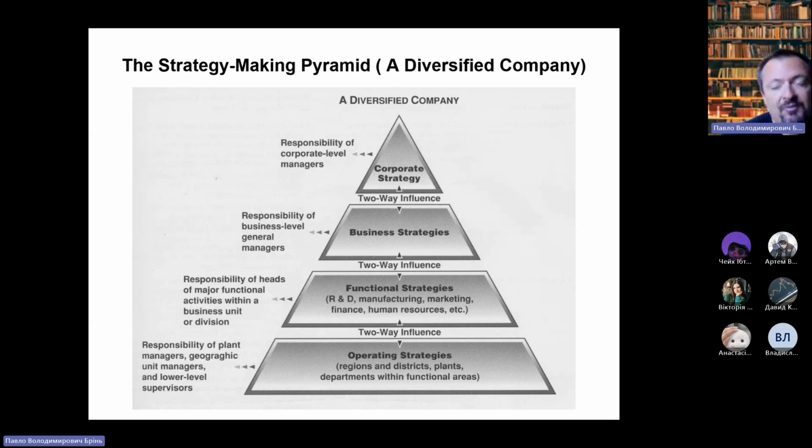However, these two strategical business units are pieces of one company. What does it mean, one company? One company means that we have one set of owners, one set of shareholders in case of Procter & Gamble.